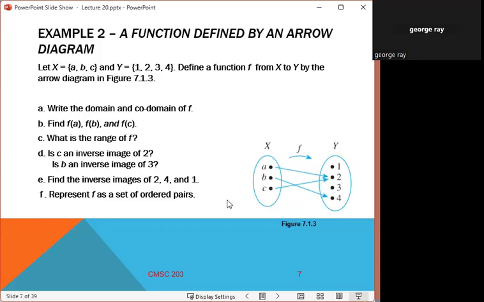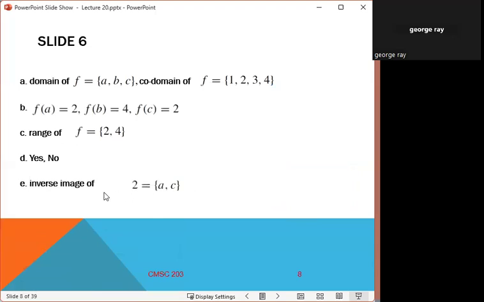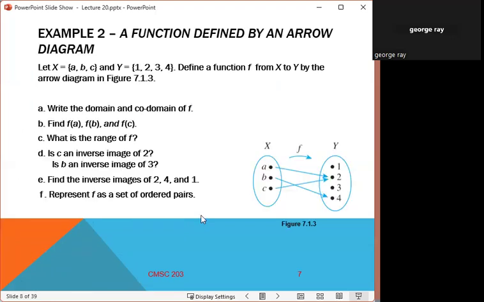And then what are the inverse images of 2, 4, and 1? The inverse image of 2 is a and c, and of 4 is b. So looking at that, inverse image of 2, we're going to go to a and to c. Inverse image of 4 goes to b.